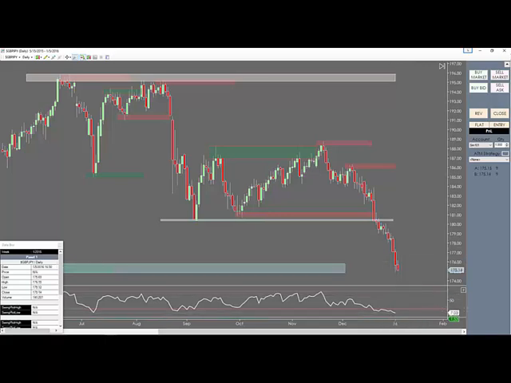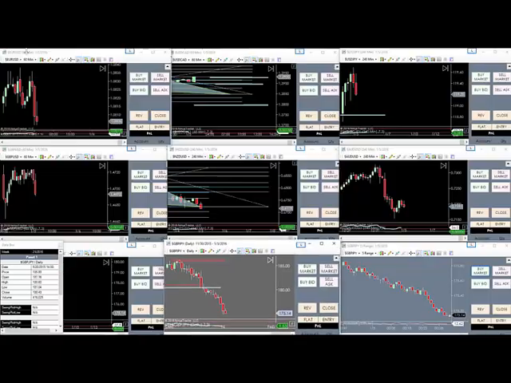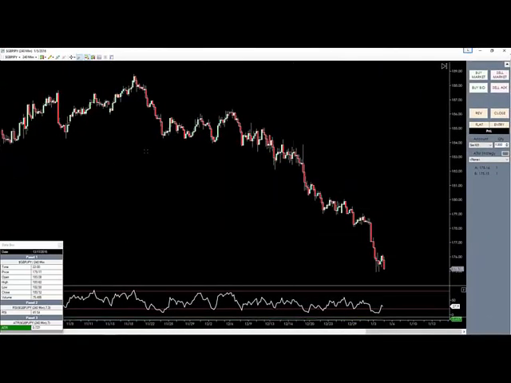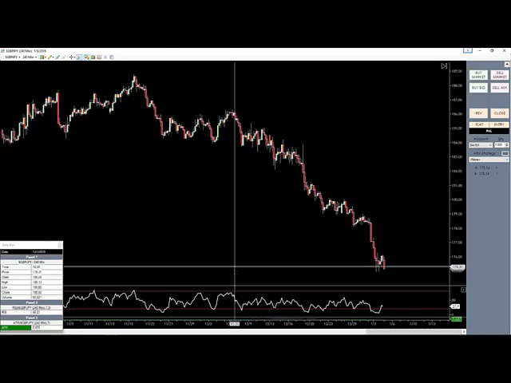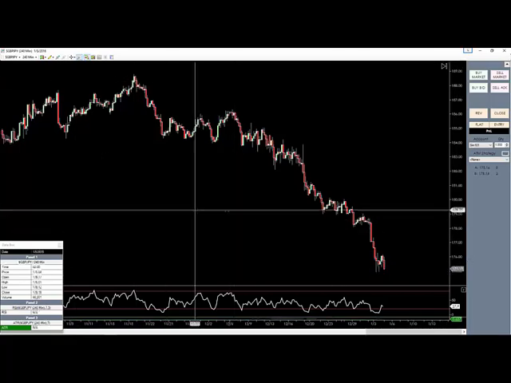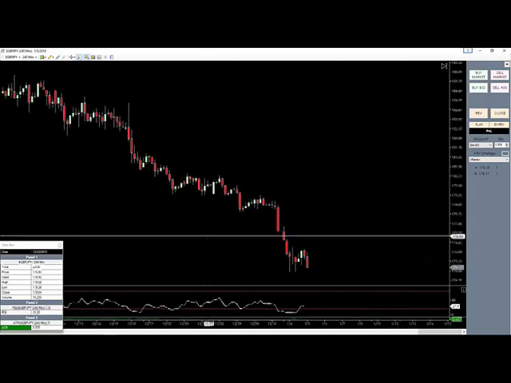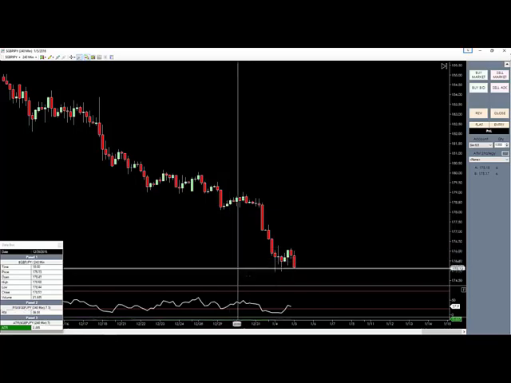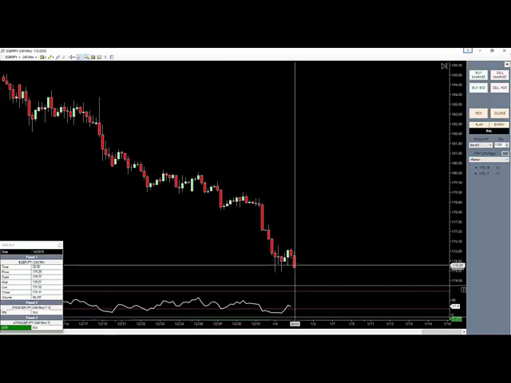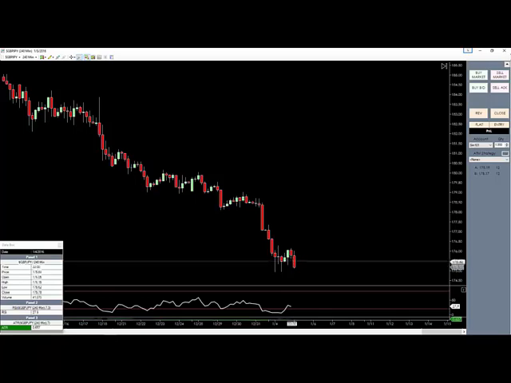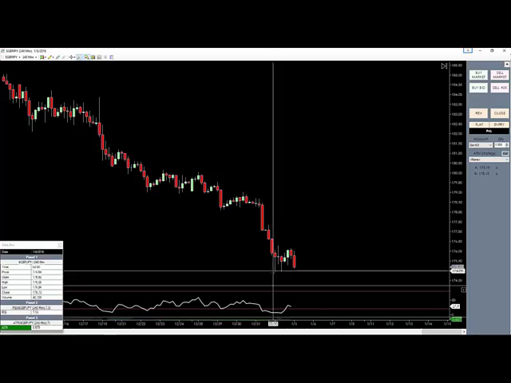If you also notice, the RSI is extremely oversold, and that is our opportunity. This is a possible double bottom. Of course, we want to make sure that this does not close below these previous lows.